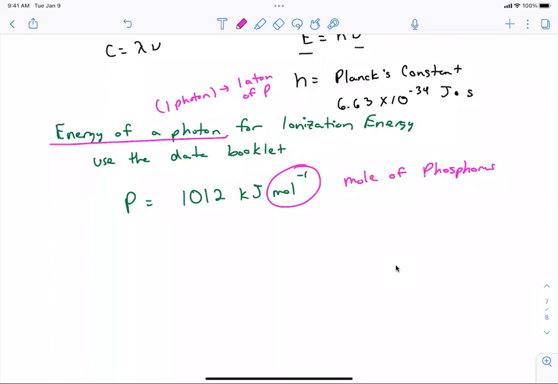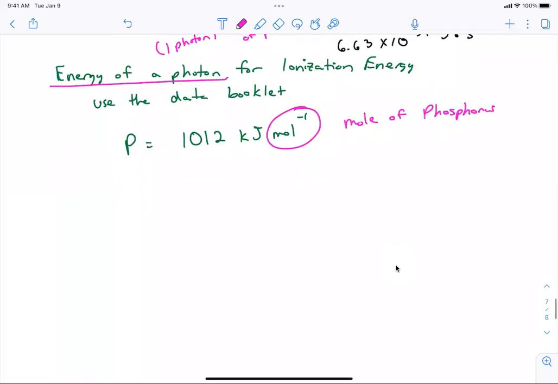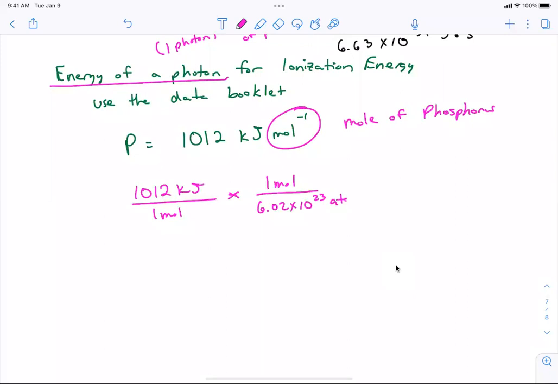So you have to convert this value into per atom and not per mole. So you have to change this and divide it by 6.02 times 10 to the 23rd atoms of phosphorus.